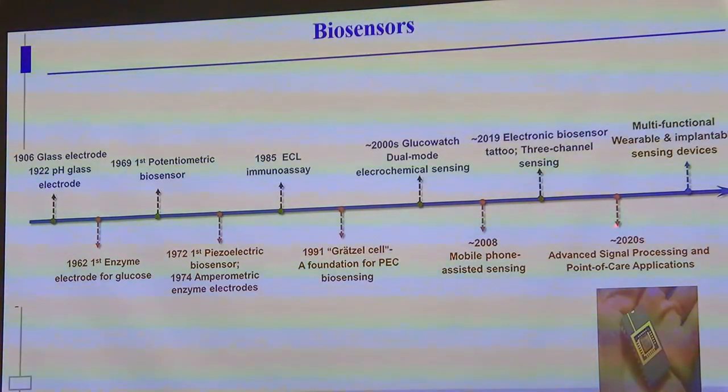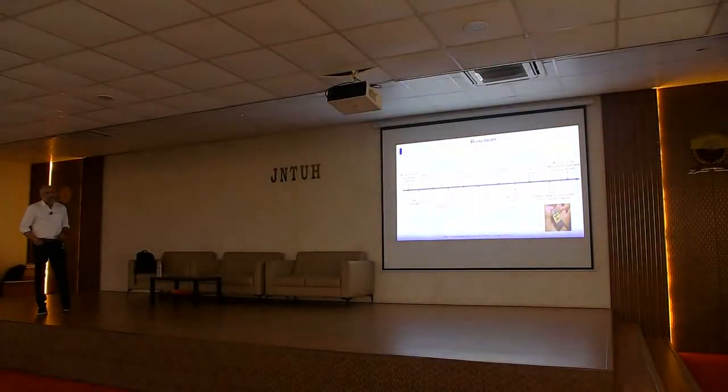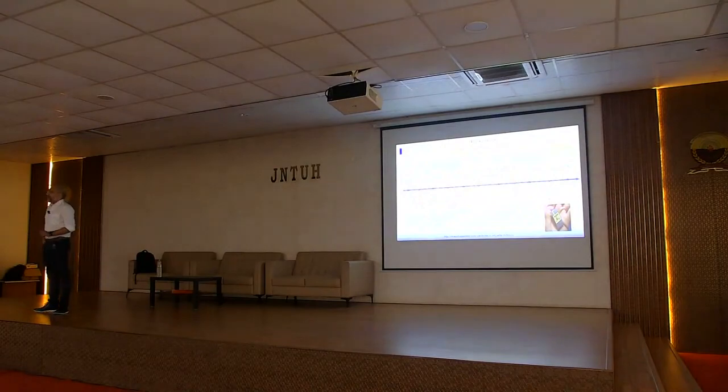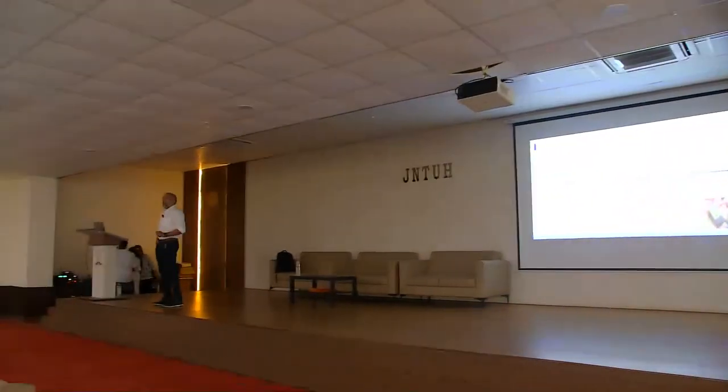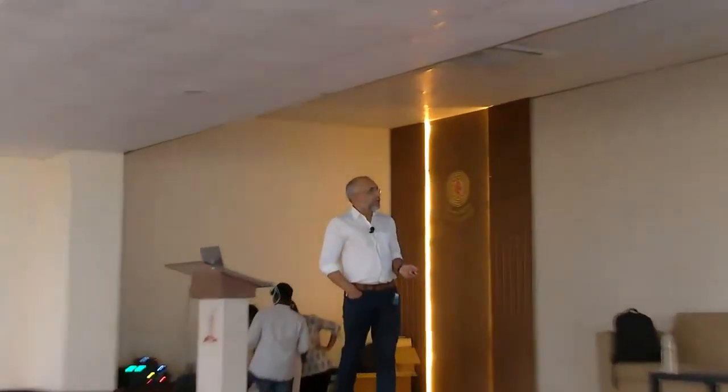In 2020, we have advanced signal processing and point of care applications, and currently we are in the domain of designing multifunctional wearable and implantable sensing devices. So this is a flowchart of the progress we have made in the field of biosensing. Starting from a simple one and coming to multifunctional, wearable and implantable sensing devices, it is almost 100 years of progress.